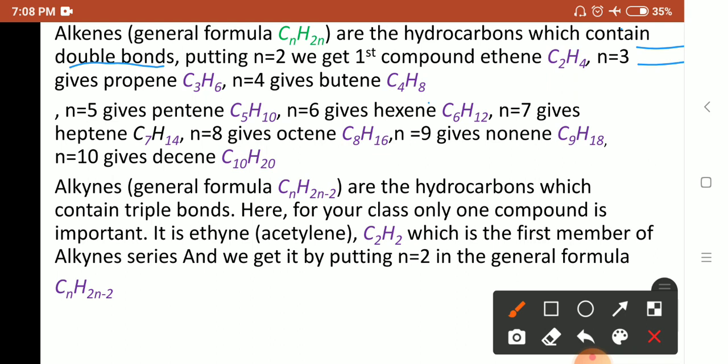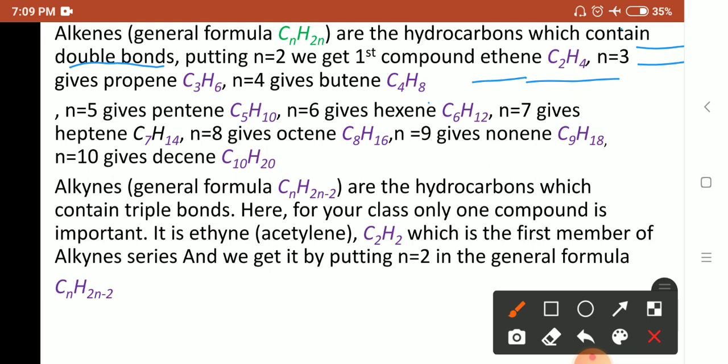We should not start from 1 here. We should put n equal to 2 because the first compound of the alkene itself contains 2 carbons. So putting n equal to 2, we get the first compound, C2H4, because C2H(2 into 2) 4. That is called ethene, because C2H6 is ethane.